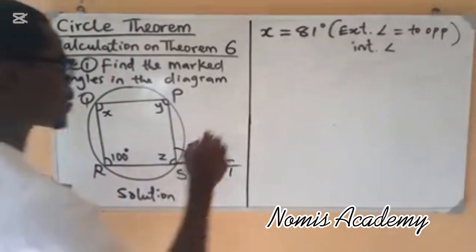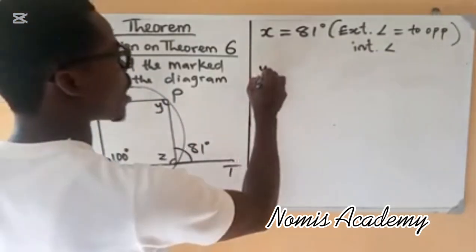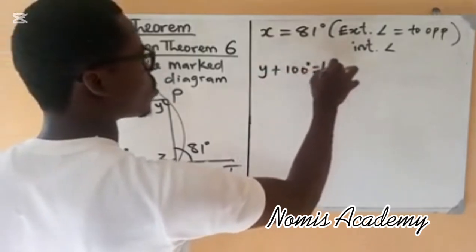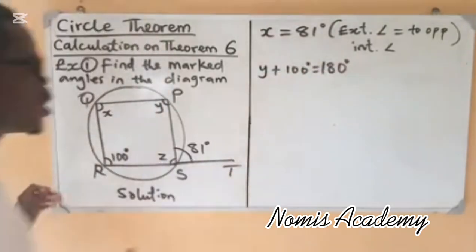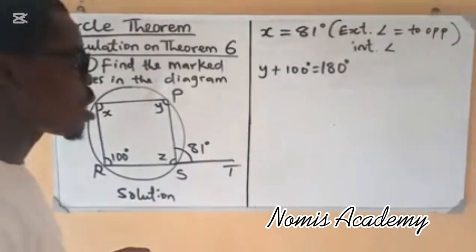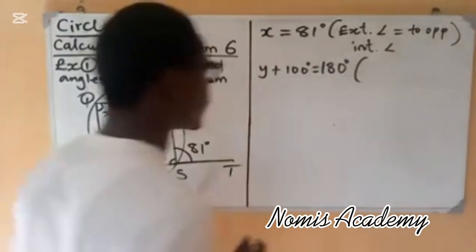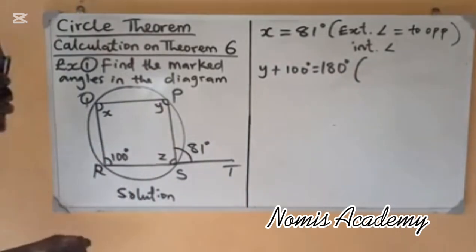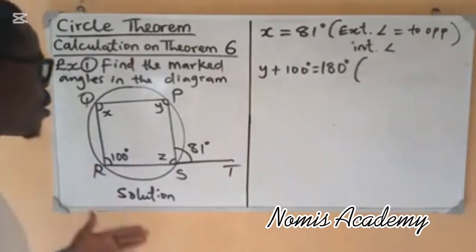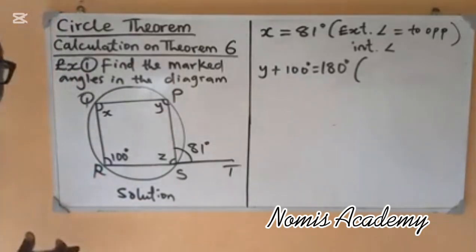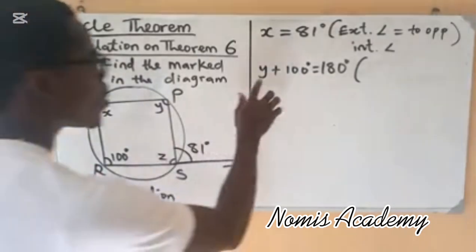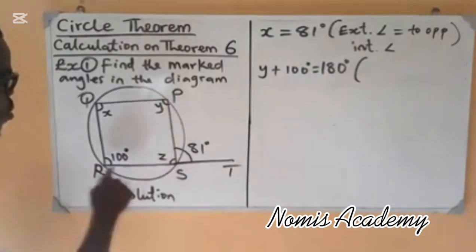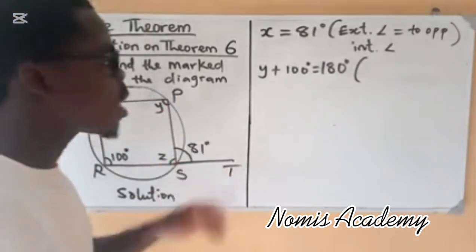Now to find Y. We have Y plus 100 degrees is equal to 180 degrees. And what is the reason behind this statement? Remember Theorem 5, which says that the two opposite angles of a cyclic quadrilateral sum up to 180 degrees, meaning Y and 100, which are opposite angles of a cyclic quadrilateral, sum up to 180 degrees.